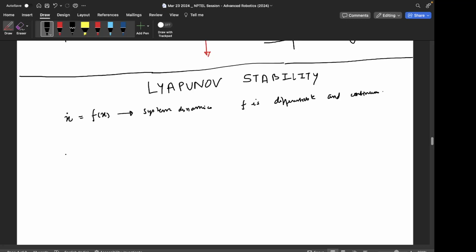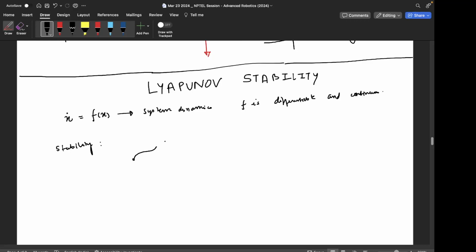So first, let us again rebuild the idea of stability. So stability means that, let me draw it figuratively. So let's say a trajectory starts from here, right?